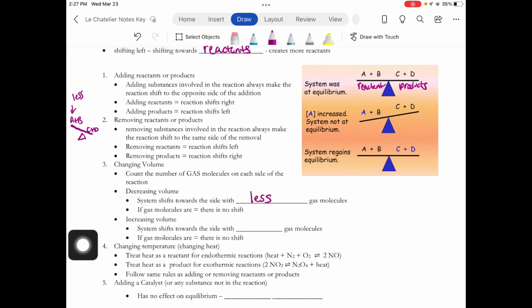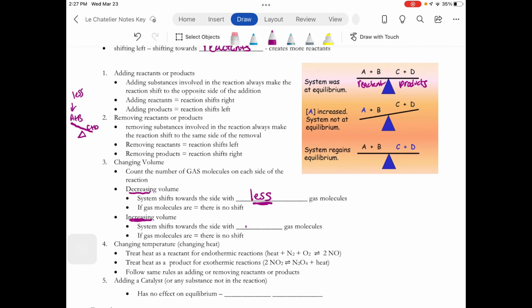I misspoke earlier; I didn't register that it was decreasing. If gas molecules are equal, there is no shift. So decreasing goes with less. If you are increasing the volume, the system's going to shift towards the side with more gas molecules. And if the gas molecules are equal, there is no shift.